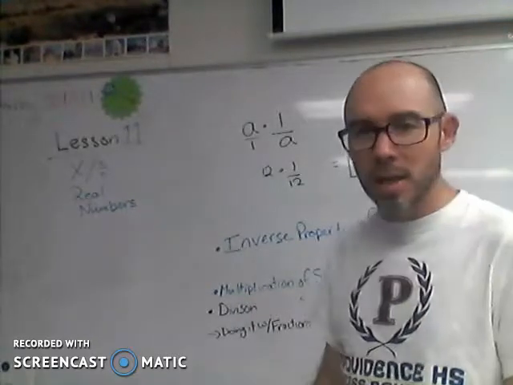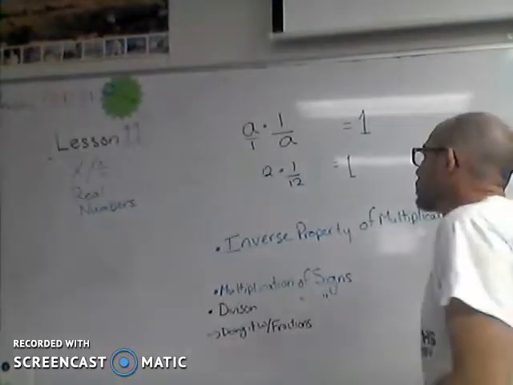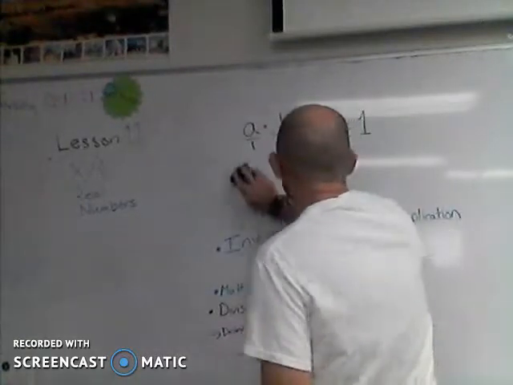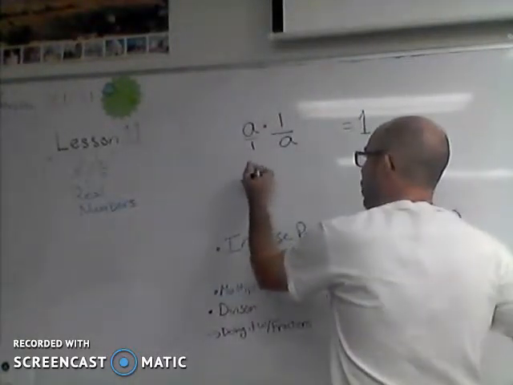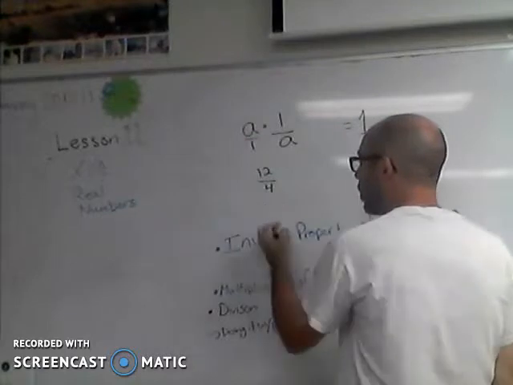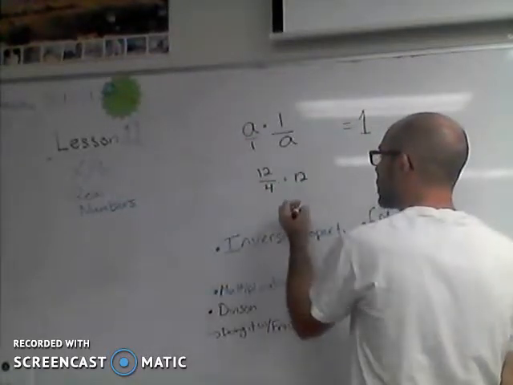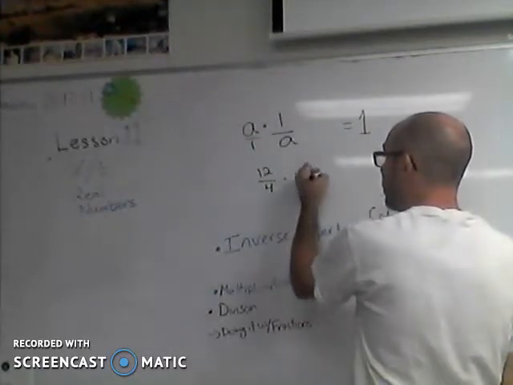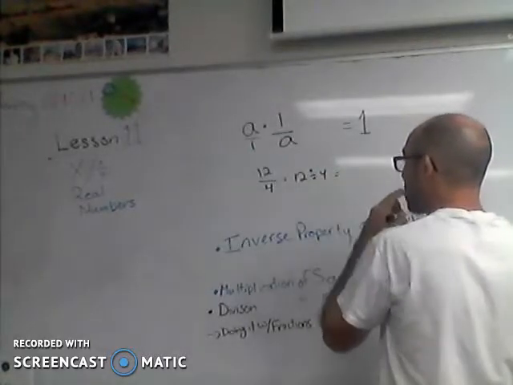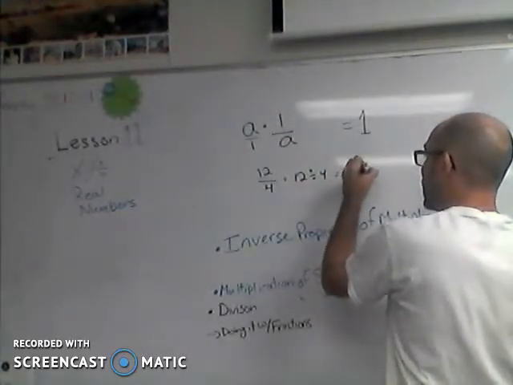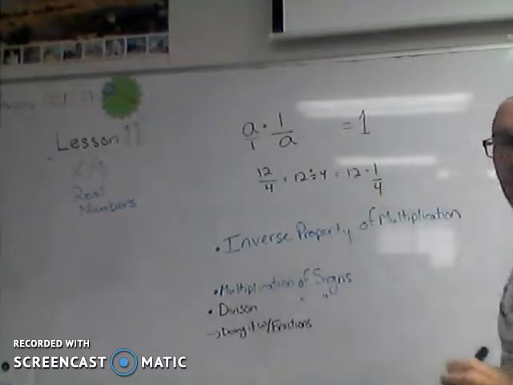Let me say that again. I think I've shown this before, let's say that we've got 12 divided by 4. That's the same thing as 12 times 1/4.